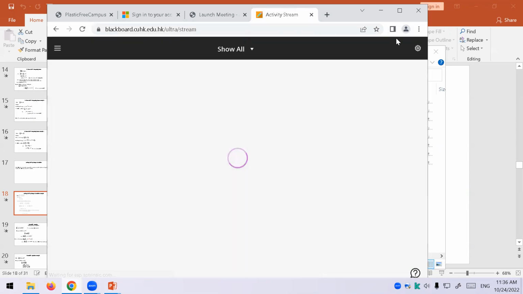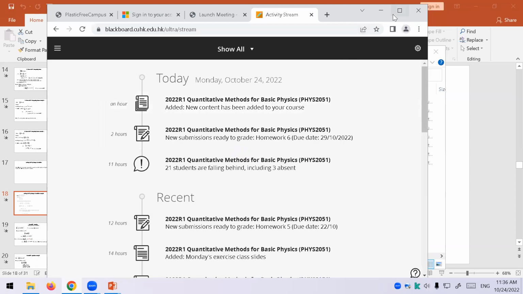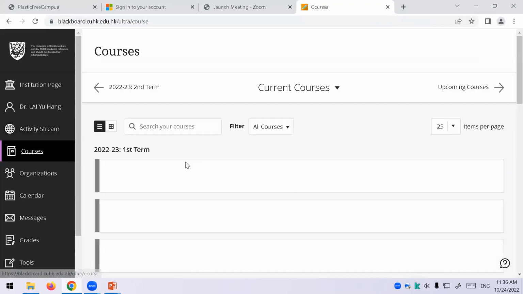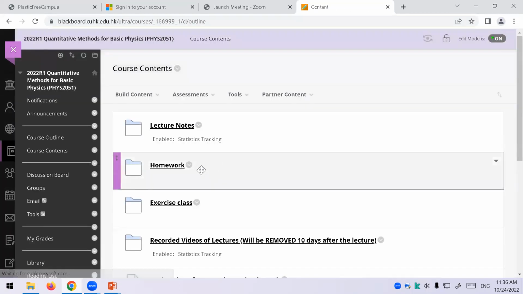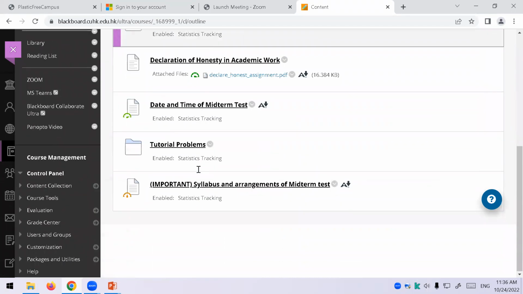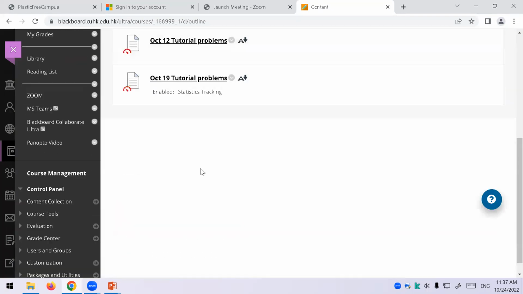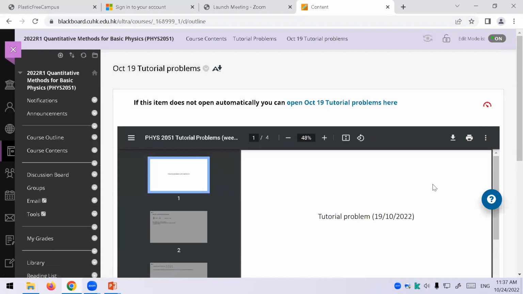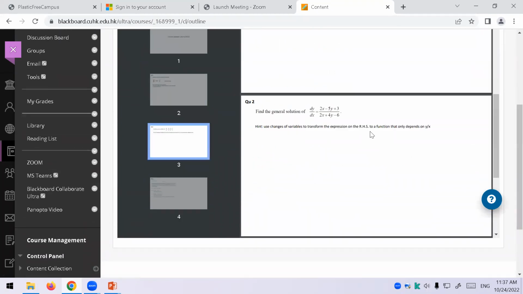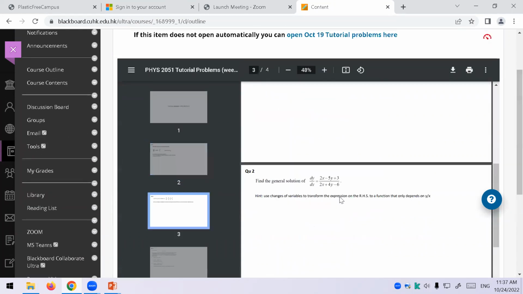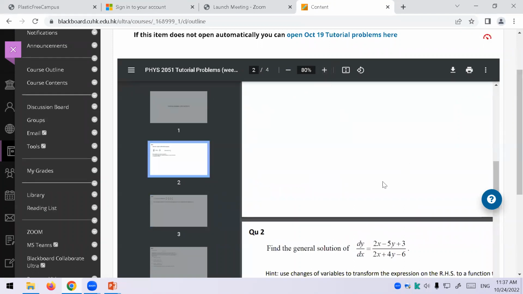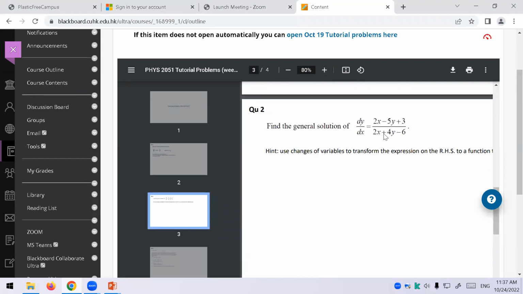So let me take out the tutorial files from last week. In question 2, the tutorial problem last week, we have a differential equation that looks like this, right?